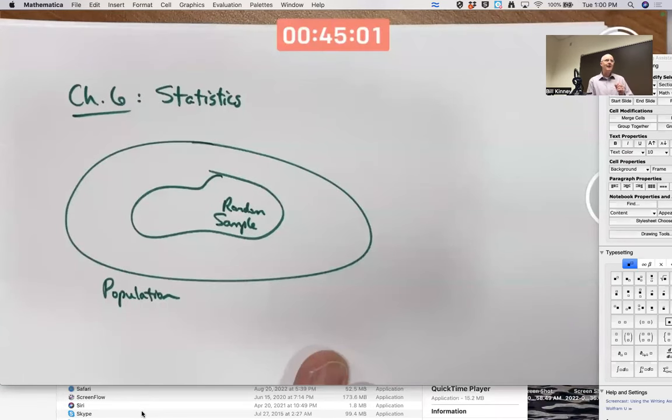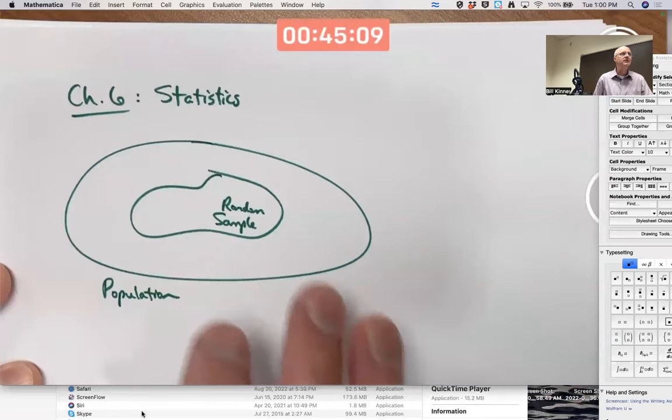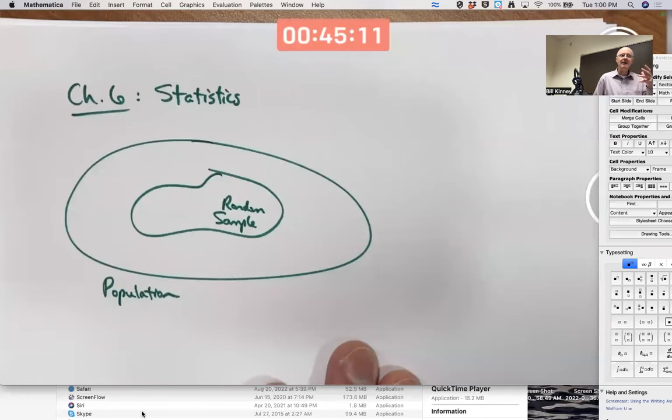However, remember I said at the beginning of chapter 6, it gets pretty abstract. When the textbook talks about populations and samples, they're thinking more abstractly in terms of random variables. Being a more advanced prob and stats course and not a business stats course, you need to be able to think more abstractly in terms of random variables as well. You're already used to doing that, though, in chapters 3, 4, and 5.